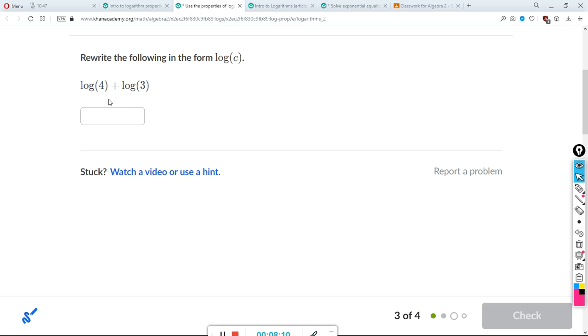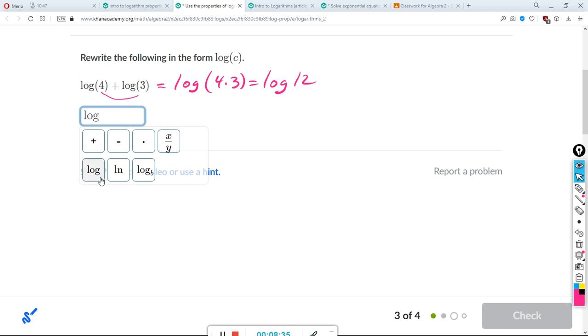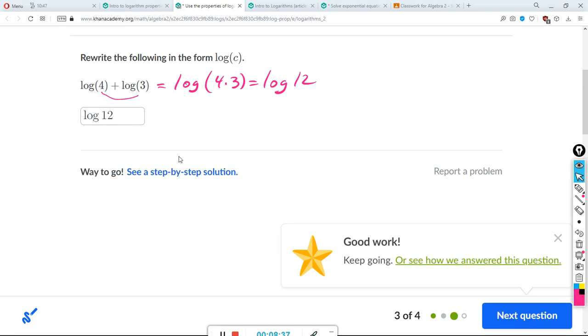Alright, when you're adding them, you multiply. So this is the same as log of 4 times 3, log of 12. When there's no base on the log, it's automatically base 10.